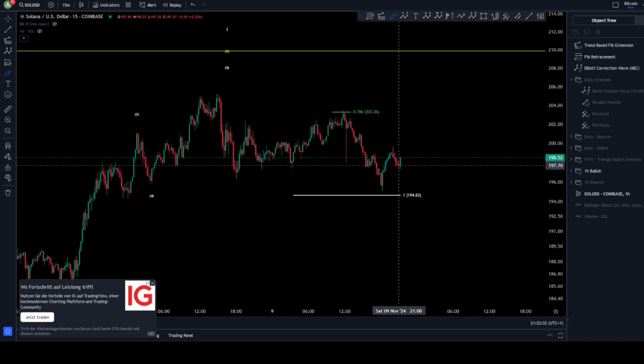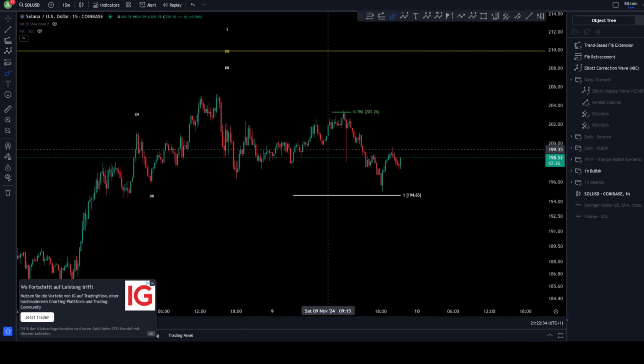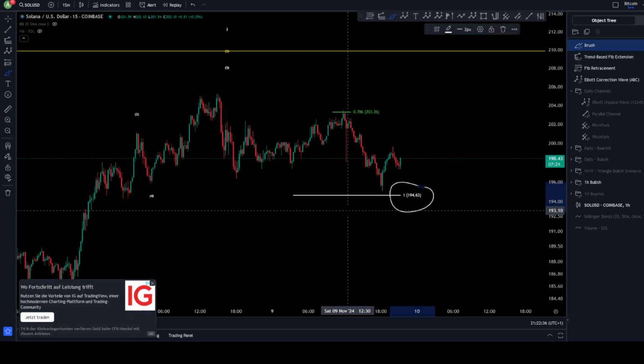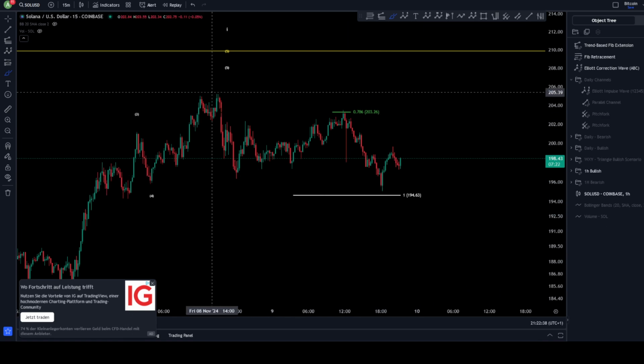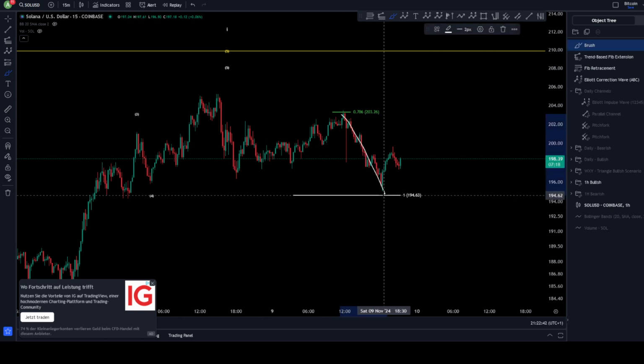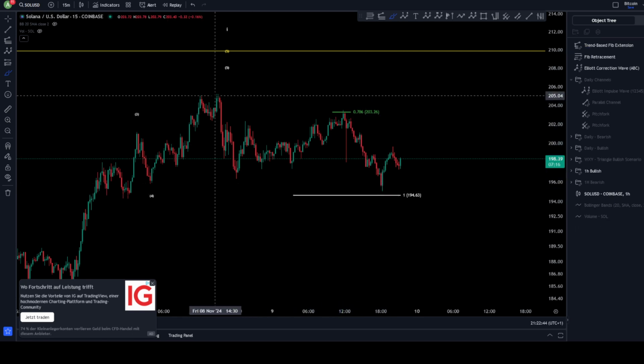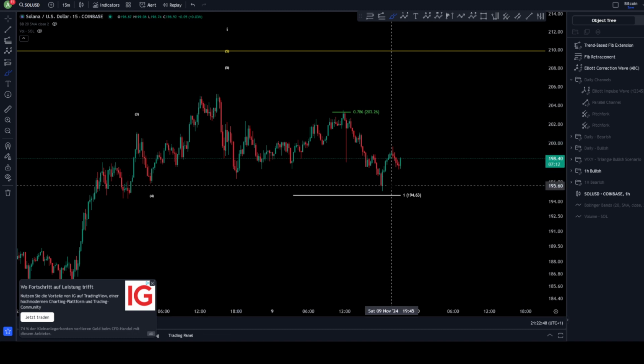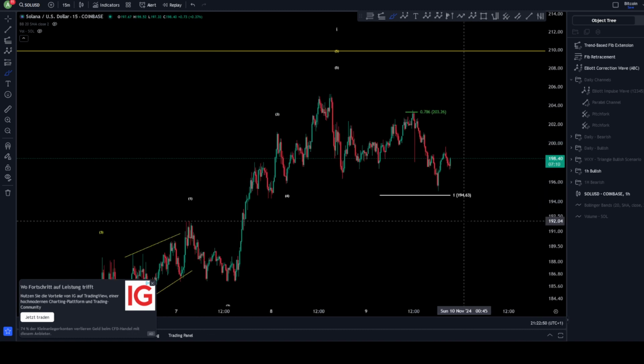We have a bearish signal, still very impulsive, and we did not take the 1-to-1, and this opens the scenario for a contracting diagonal, because reaching the 1-to-1 means invalidation of a contracting diagonal, but in this case it is still very possible.